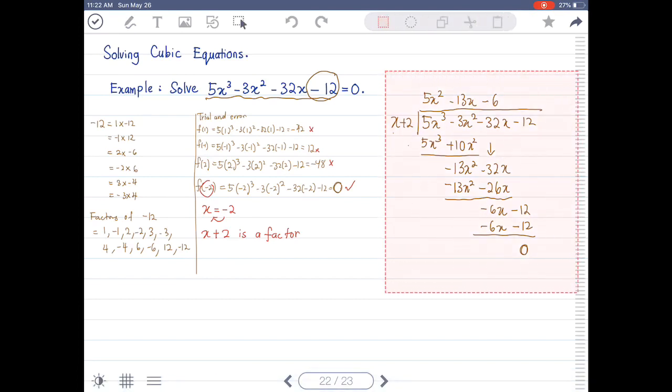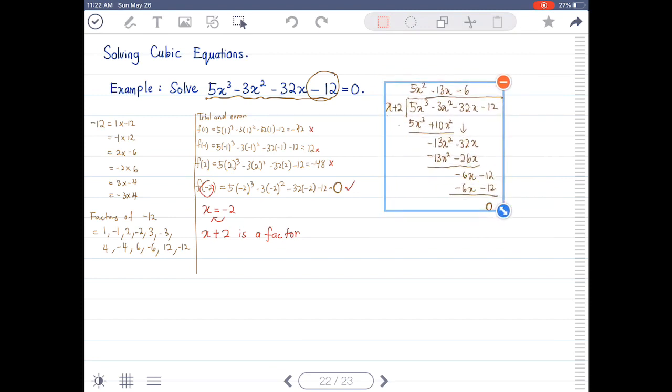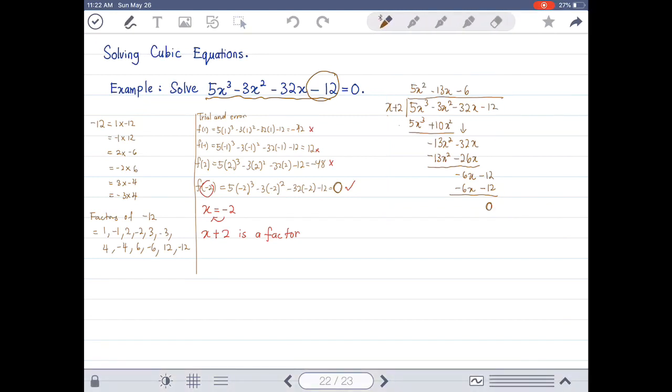Which means that in terms of dividend, quotient, divisor and remainder, dividend equals quotient times divisor plus remainder. We can rewrite this as f(x) equals quotient times divisor plus remainder.